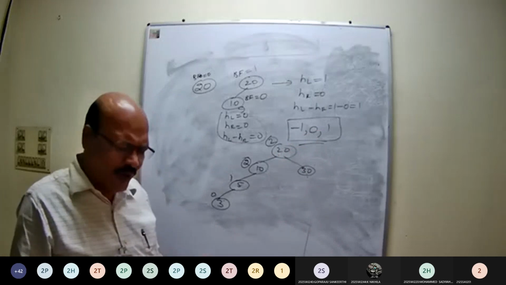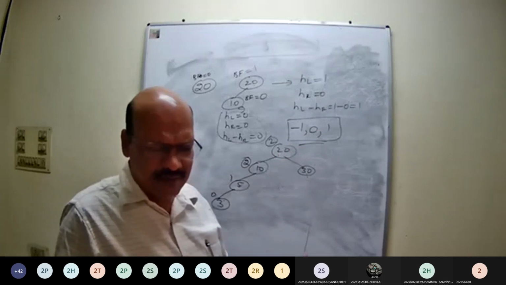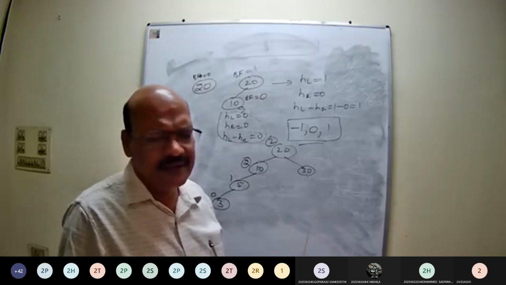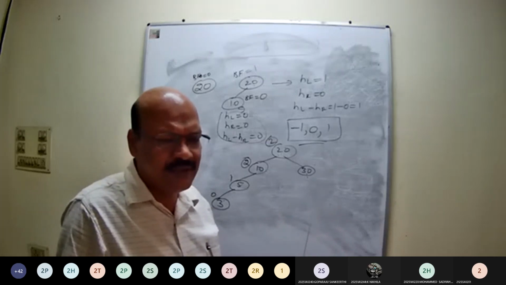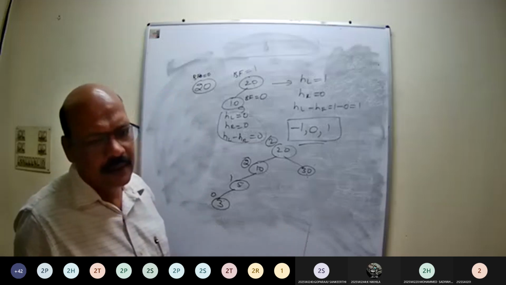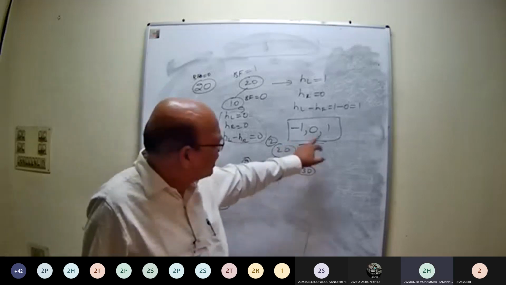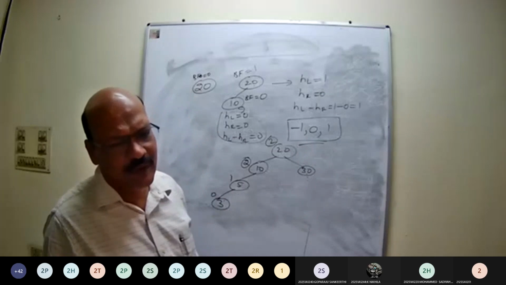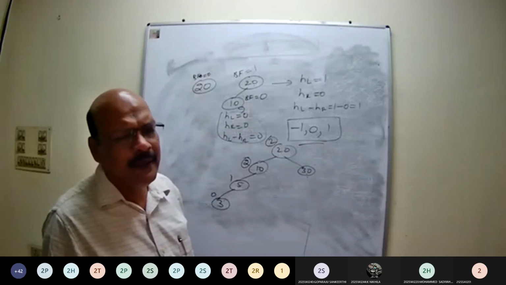So why are we considering balance factors? Just try to analyze why. What is the importance of this balance factor? What is it telling us? When the balance factors are not -1, 0, 1, what is that?